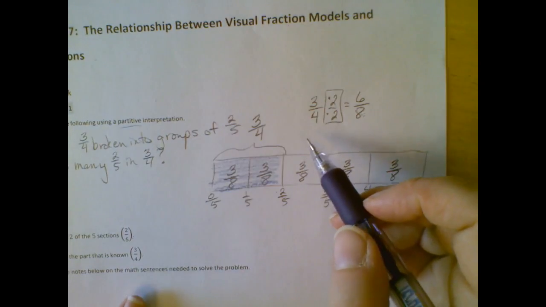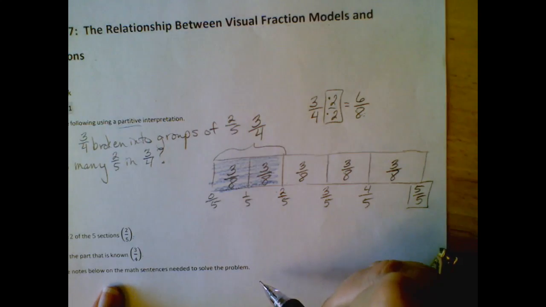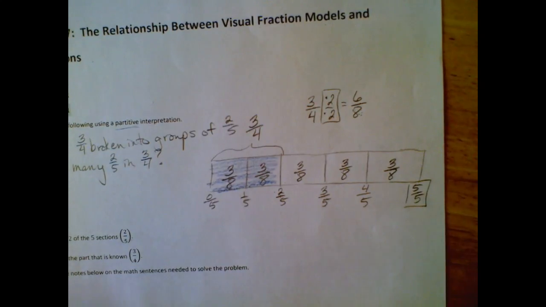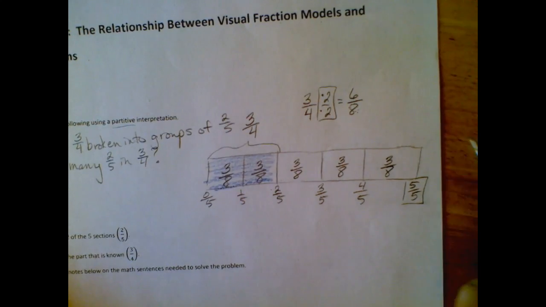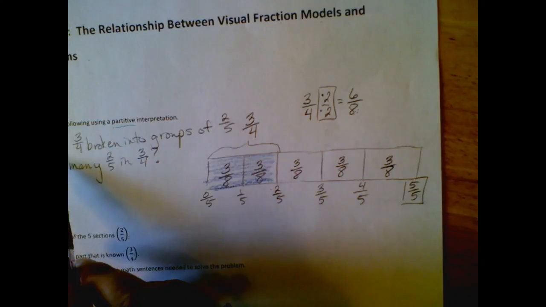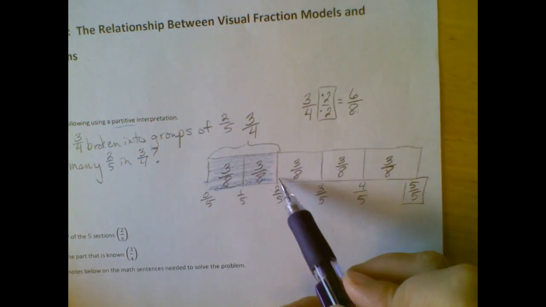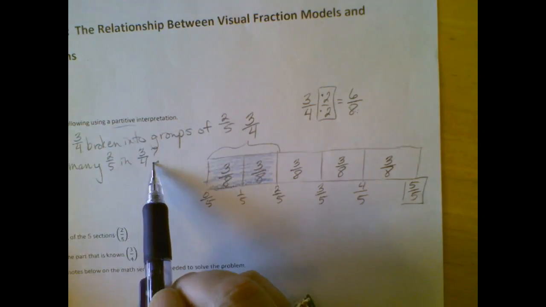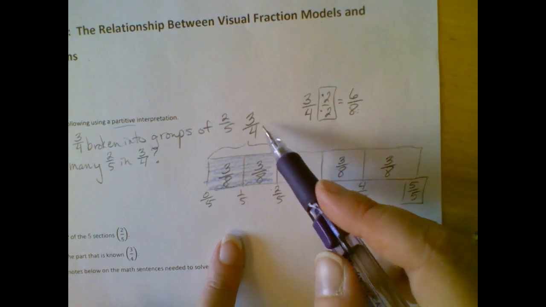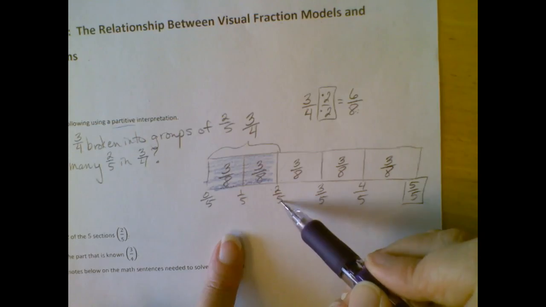Yep, we did that. Make notes below on the math sentences. Let's finish up our tape diagram, then we'll work on making the notes. So if this is 3/4 broken into groups of 2/5, how many 2/5 in 3/4? They're saying 3/4 is equal to 2/5.